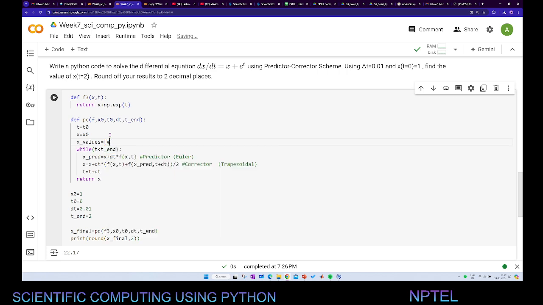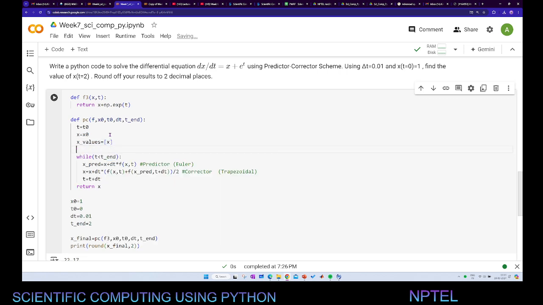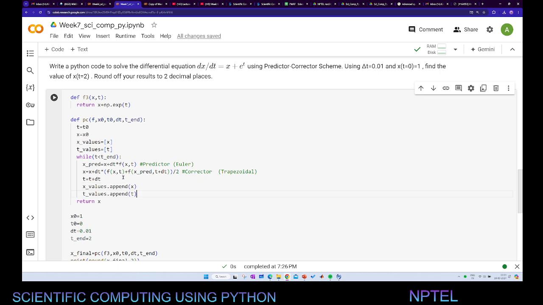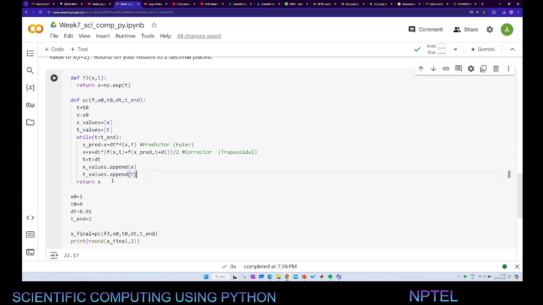We start with x and we'll append. T value will be t, and after updating, we append, right? So x values dot append x, t values dot append t, and then we need to access them, so we return those values as well.